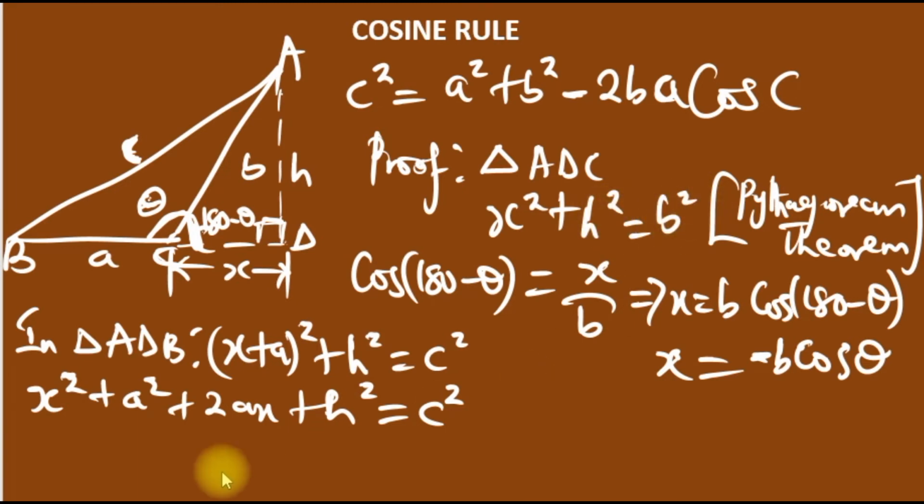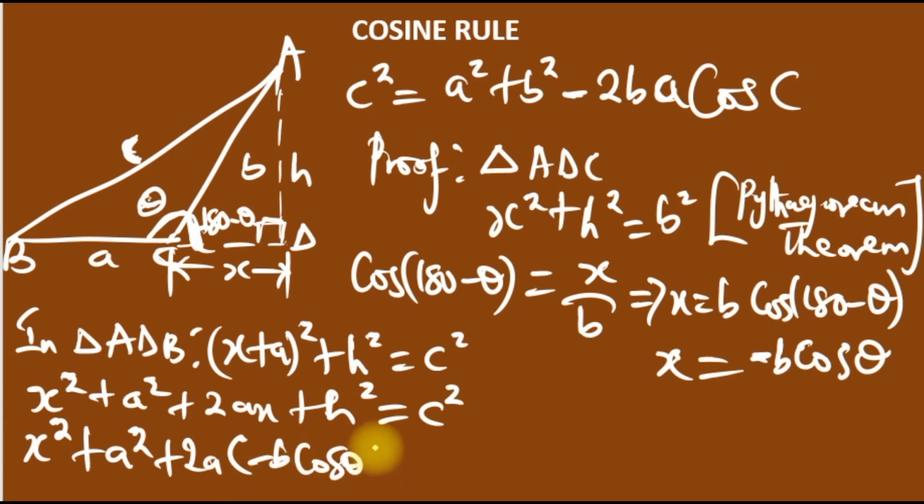So I have x squared plus a squared plus 2a times, replacing x, minus b cos theta, plus b squared minus x squared equals c squared.